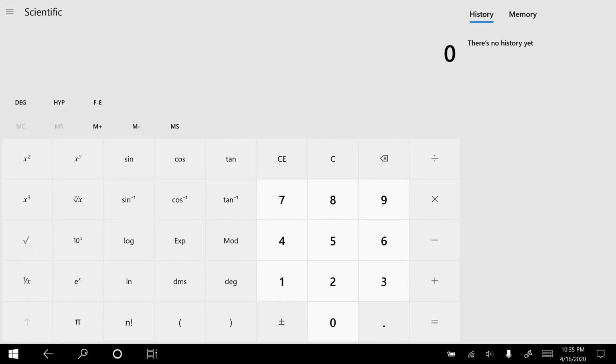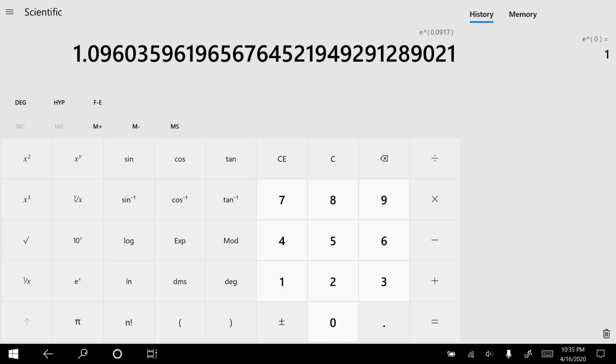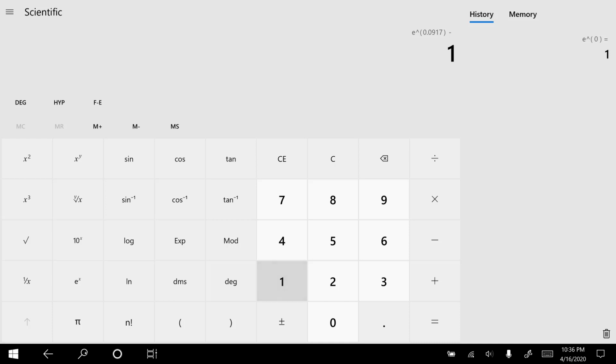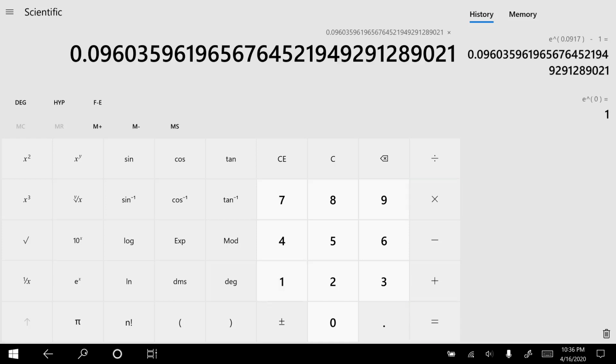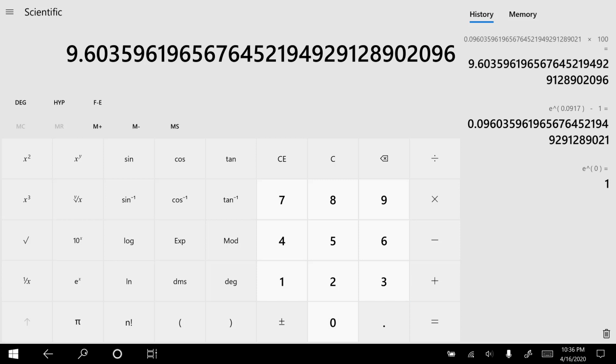So what I'm talking about is this function e to the x. So e to the 0 is equal to 1. So let me see, how do I work this one? So I'll have to write 0.0917 e to the x, and that gives me 1.096, minus 1, times 100, and that gives me that 9.60% that I showed you previously.